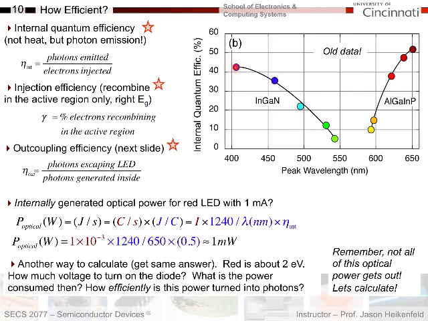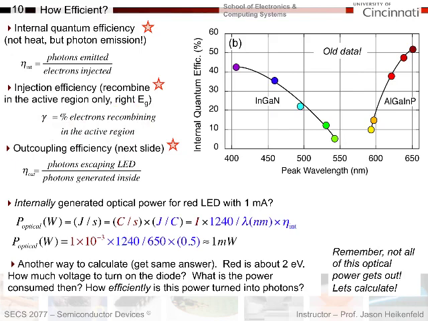Well, if I get recombination out in the UV emitting areas, the wider band gap, I can't see that with my eye, right? So that does nothing for me. I want the recombination to occur in the right part of the diode with the right band gap, which is the emission that I'm after. And so this injection efficiency, gamma, is the percent of electrons recombining in the active region with the right band gap for the emission you're after.